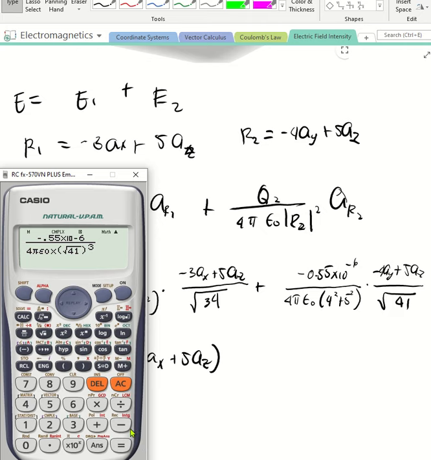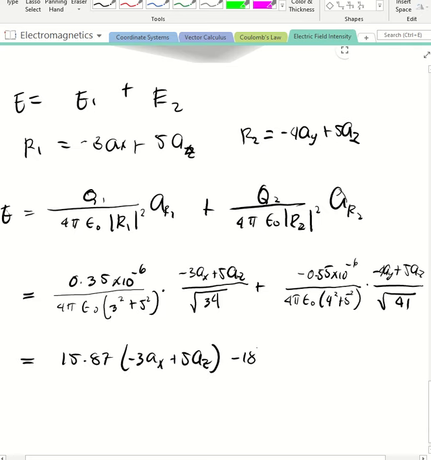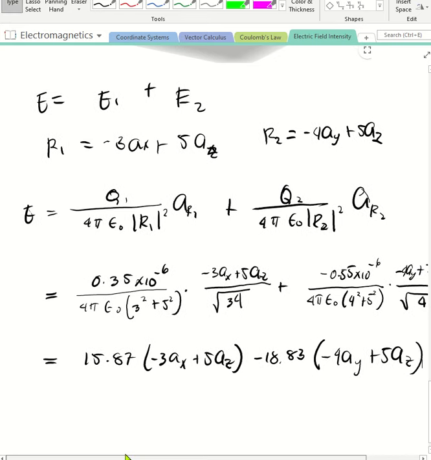Cube. And this will be equal to minus 18.83. Then you multiply it with negative 4ay plus 5az. Then we combine all the ax and we combine all the ay and az.